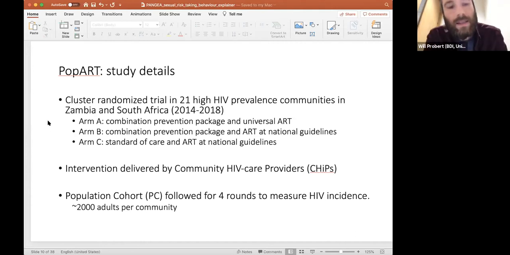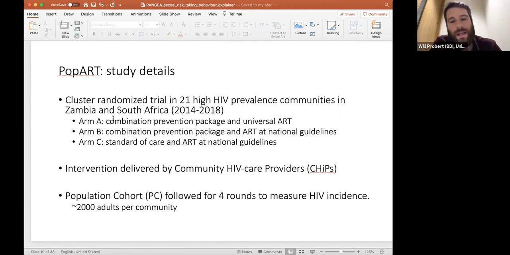In arm A and arm B, there was a combination prevention package delivered by community HIV care providers, known as CHiPs. These were a man and a woman who would go around. They were allocated 500 households each, and they would offer household testing, HIV counselling, and linkage to care, promotion of condoms, and uptake of ART upon a positive HIV test.